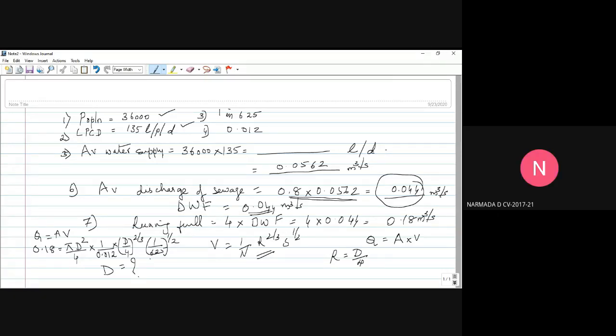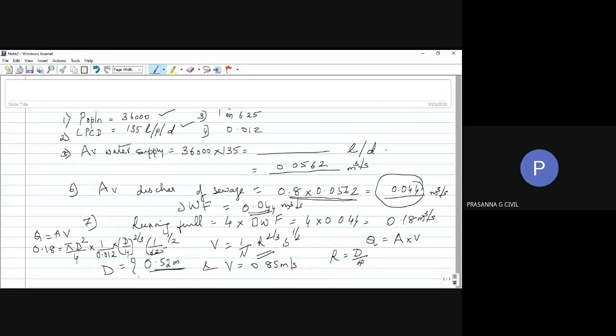And V is 0.85 meter per second. Yeah, done. This is correct.